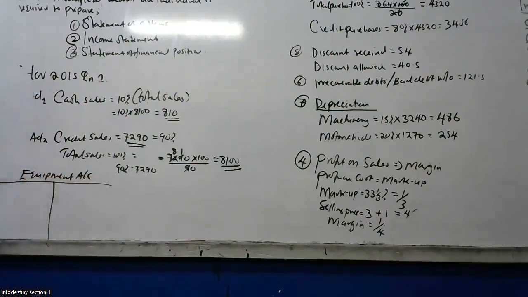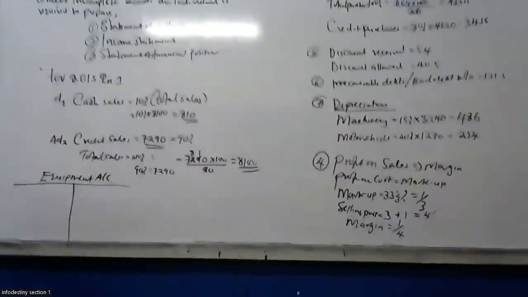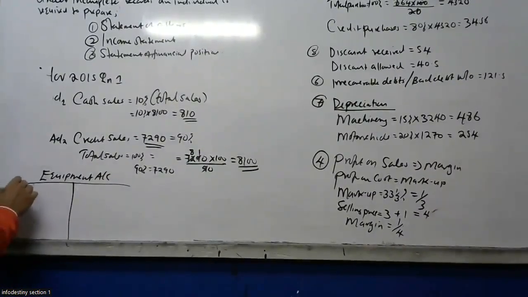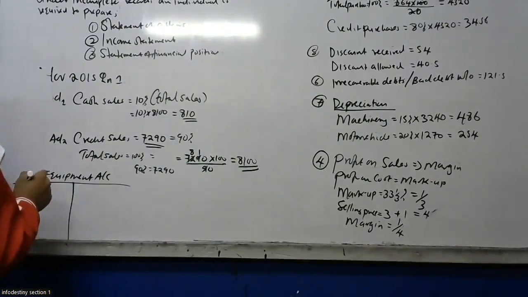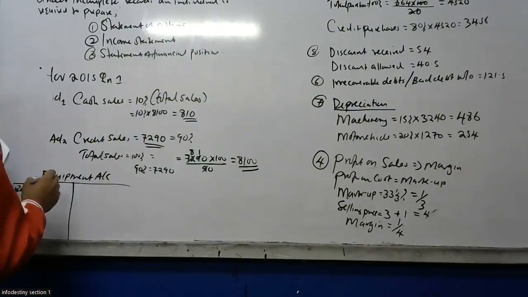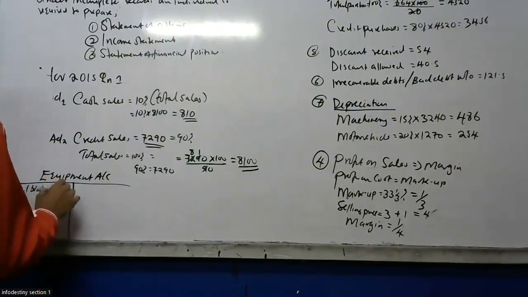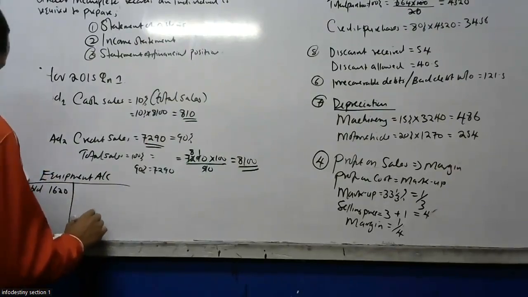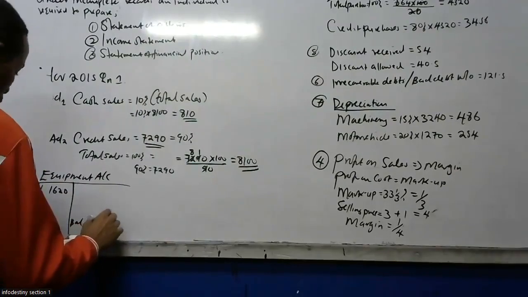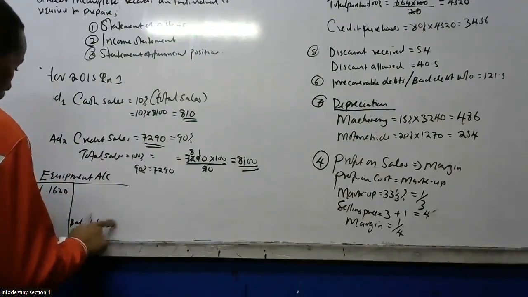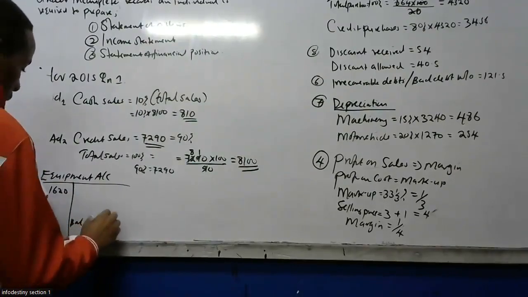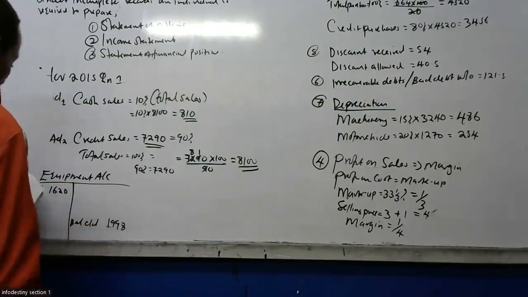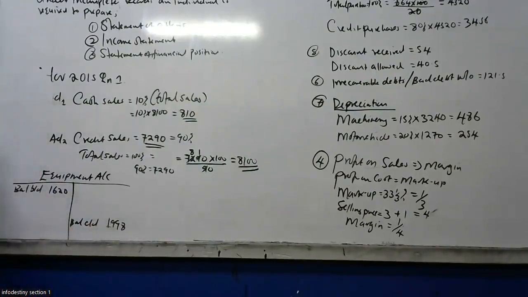We have the balance brought down, using the net book value 1620, and the balance carried down was 1998.